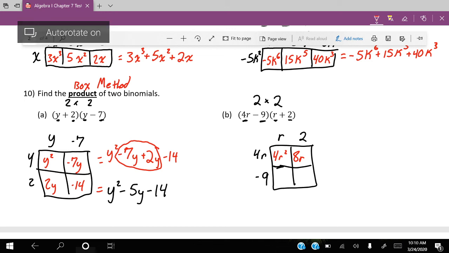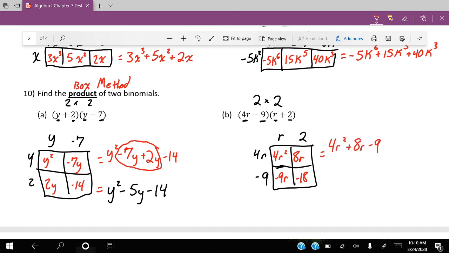All right, so let's see. Negative 9 times r is negative 9r. And lastly, negative 9 times 2 is negative 18. So we're going to go ahead, write it out like a book. Top to bottom, left to right. 4r squared plus 8r minus 9r minus 18.